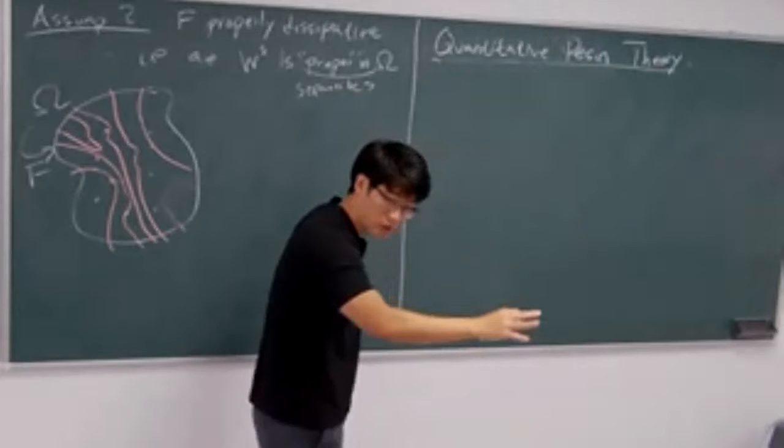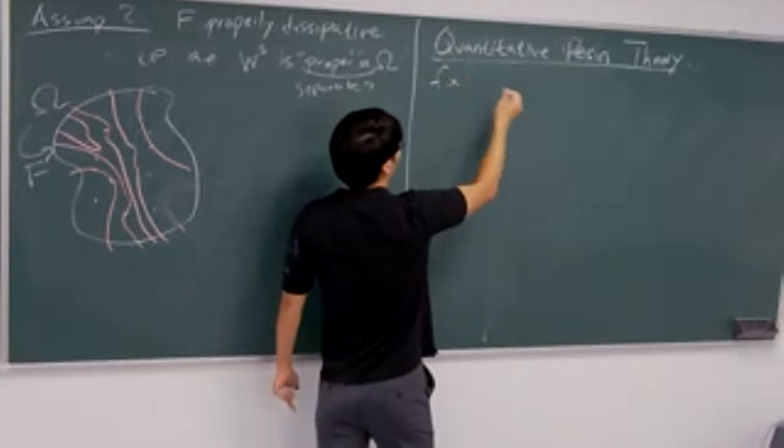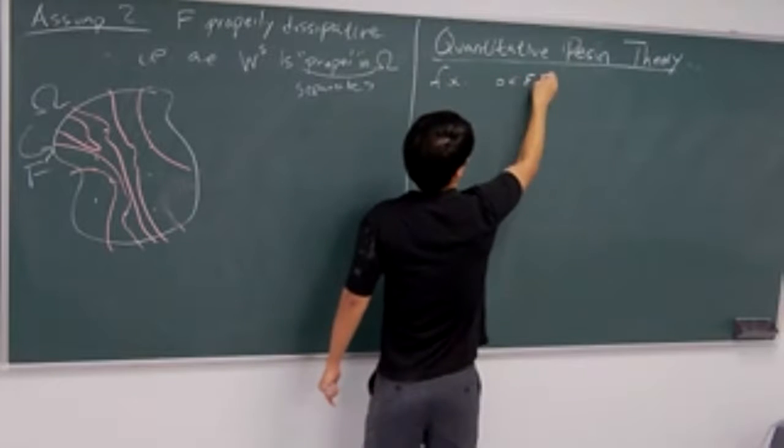So how does quantitative Pesin theory work? First, we have to fix two constants. Let's fix epsilon, which is very, very small.